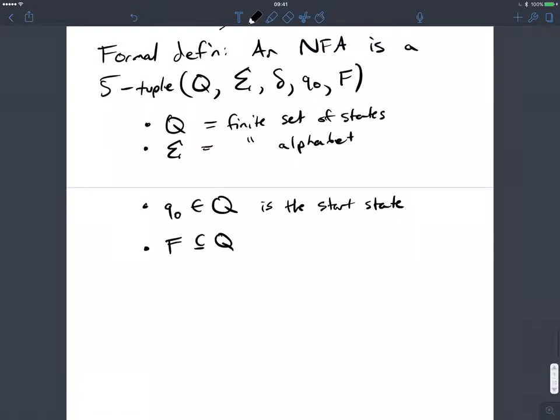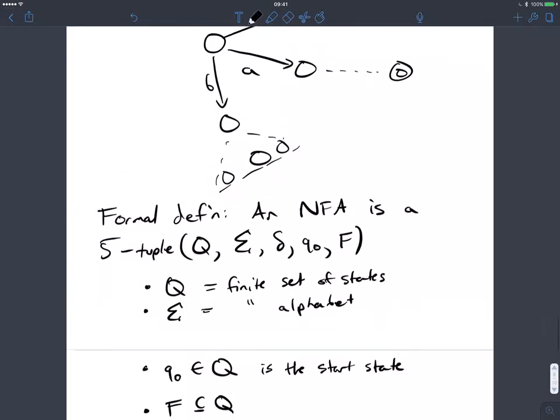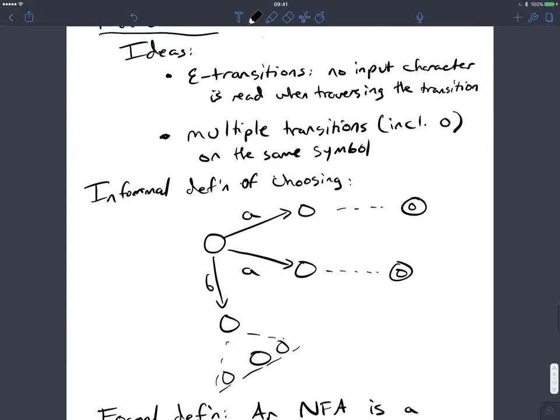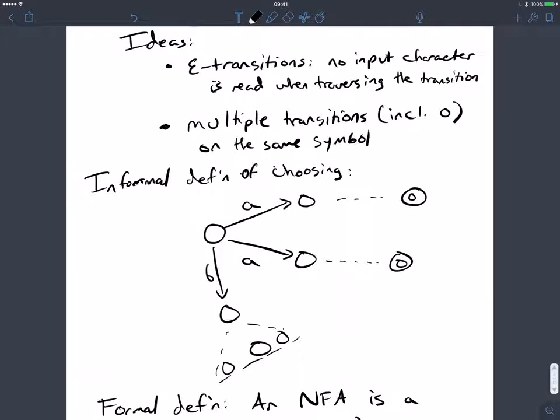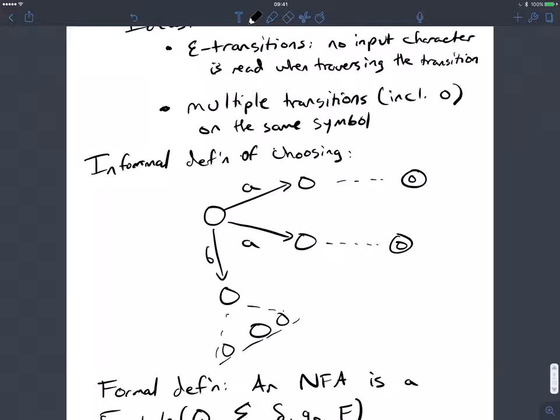And so you may think, great, the transition function is going to be exactly the same too. And no, it's not. Because we need to incorporate both of these ideas into the transition function. So we have to remember, we need to allow for epsilon transitions where I don't read a particular symbol on that transition, and I need to account for having multiple transitions to different states, possibly.